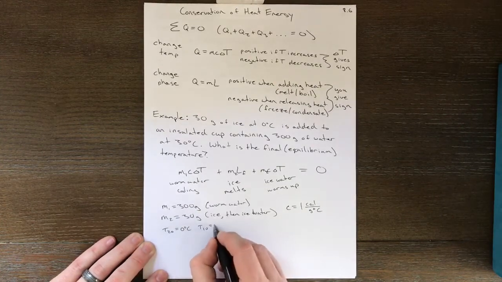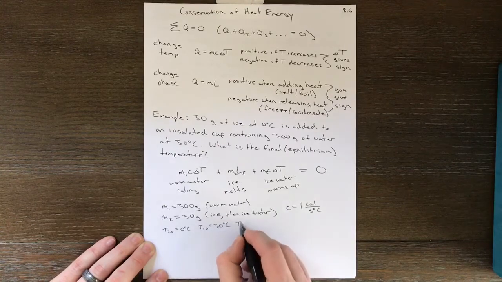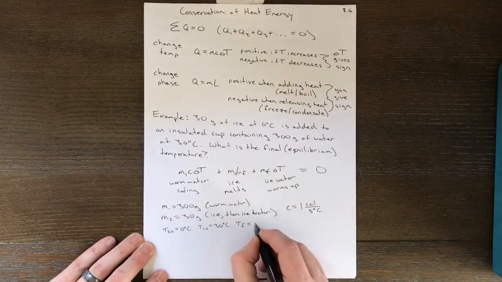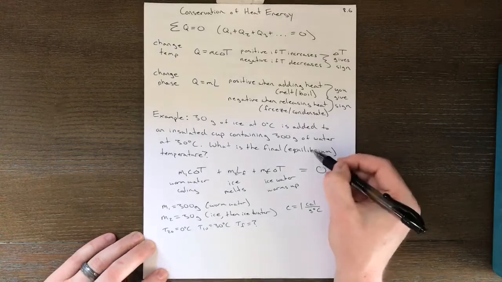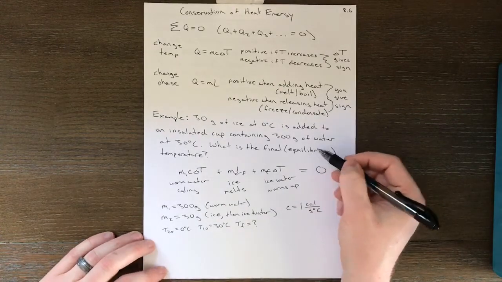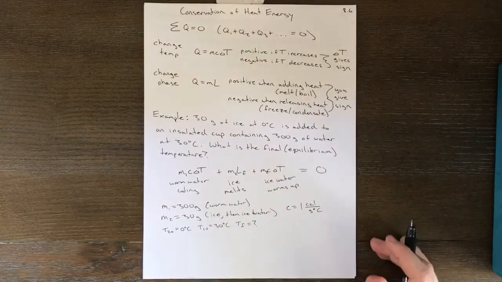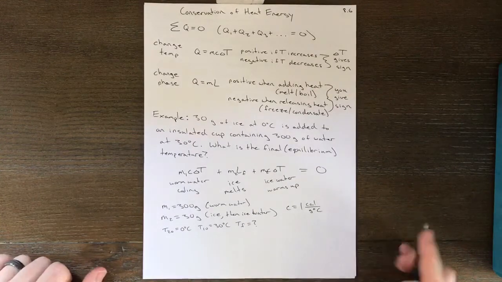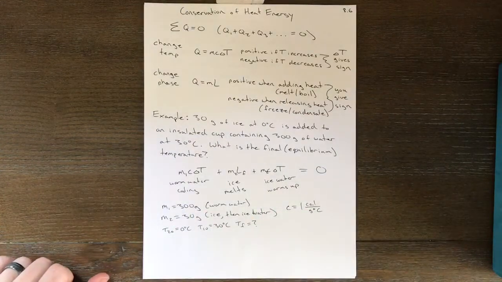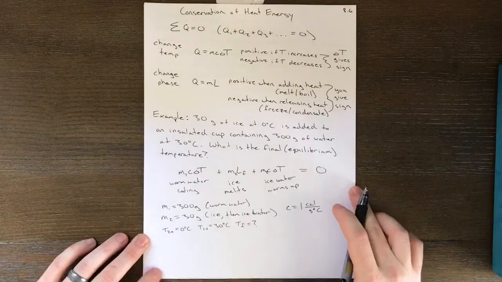T1 initial is 30 degrees. And T final is shared by everything. It's the equilibrium temperature. Everything has the same equilibrium temperature. All right, so we set up our equation. We've now got all of our knowns to plug into it.